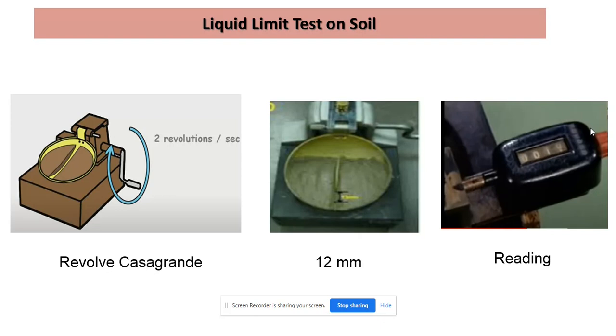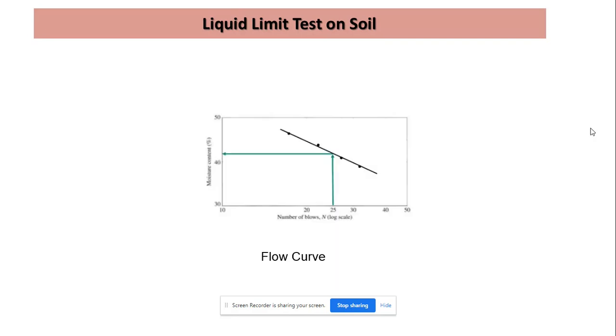So we will prepare a graph between them. On the x-axis we have the number of blows, on a logarithmic scale, and on the y-axis we have the water content or moisture content of soil. When this graph is prepared on a log scale, the points will fit a straight line.